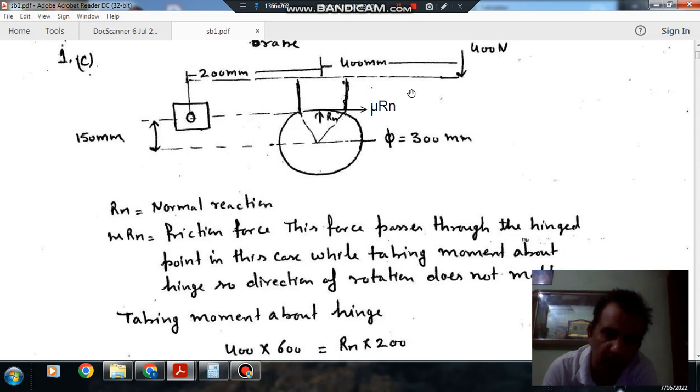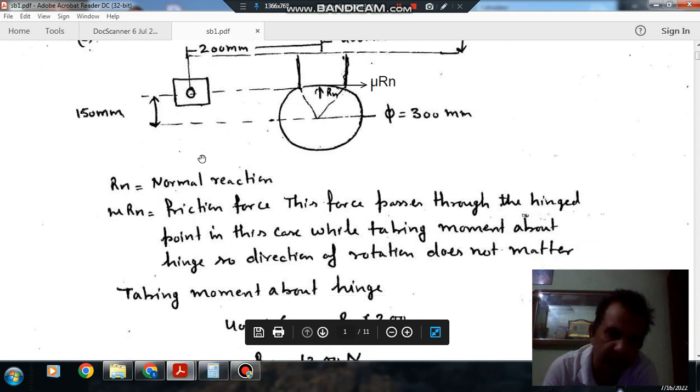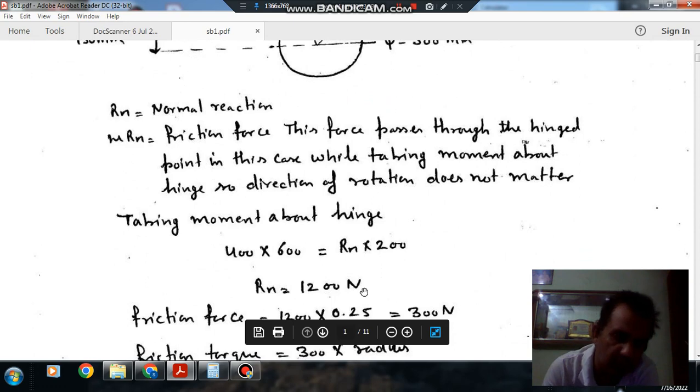The moment will consist of only 400 into 600, activating force into the distance 600, which is clockwise, and Rn into 200, which is anti-clockwise. From this we can find Rn comes to 1200 Newton.